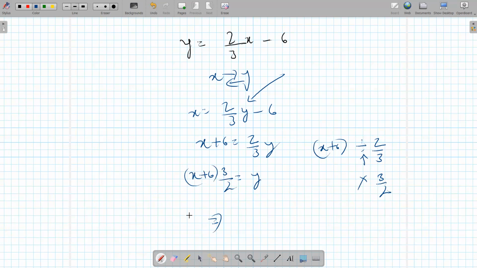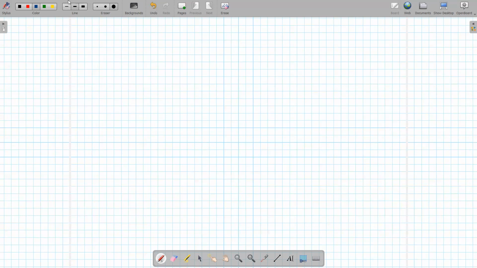Just FOIL it. Is it x plus 18 over 2? No, there's a bracket. This 3 applies to both x and 6. It's going to be 3x plus 18 over 2. And you're done. Cool? So that's the inverse of a linear function.